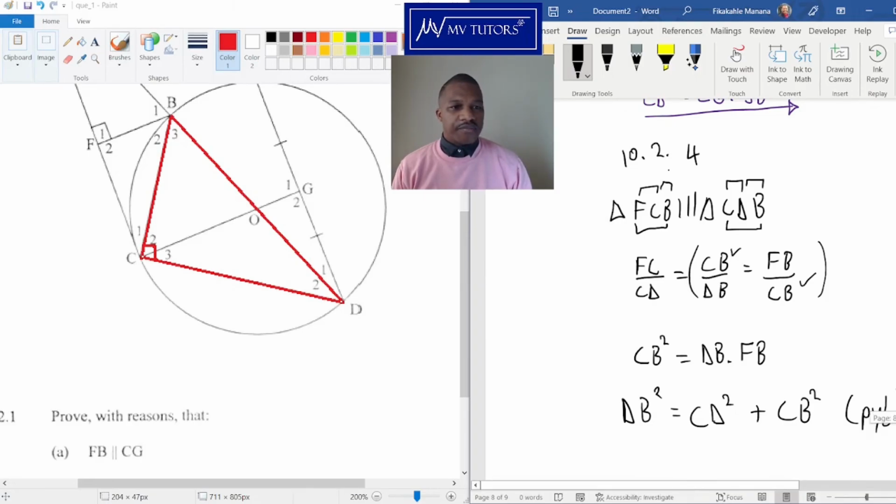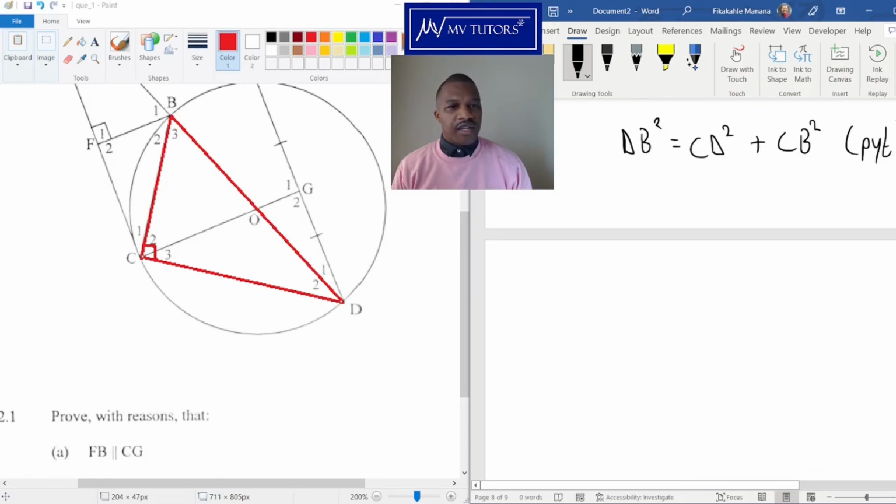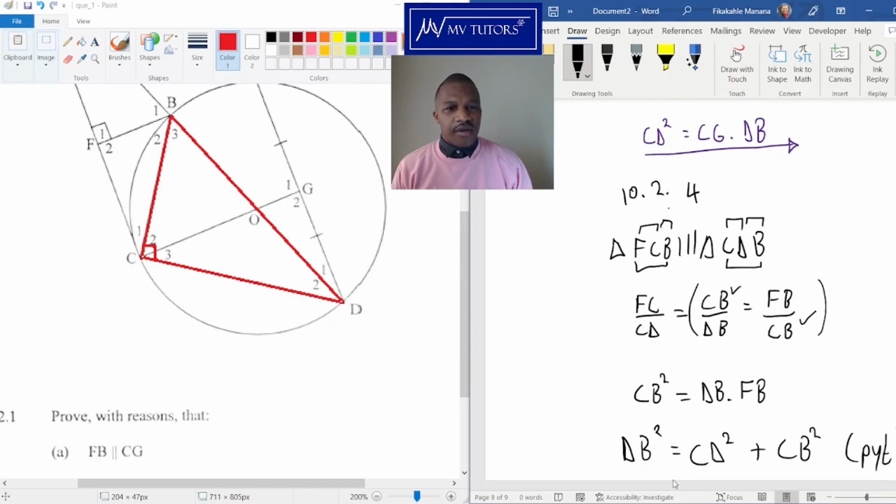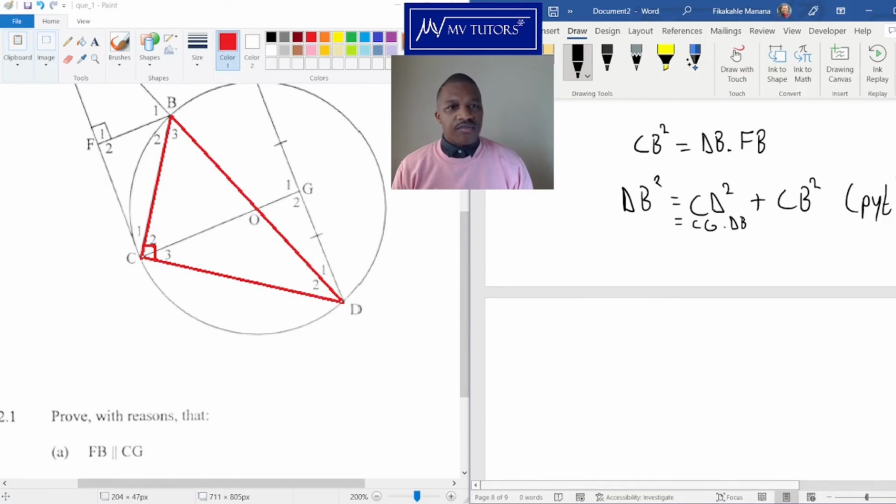Okay, let's go fill them in now. What is CD? CD, there it is, CG times DB. Okay, I'm taking it from there, the purple one, and then now we need CB squared. So CD squared plus CB squared is CG times DB plus DB times FB.